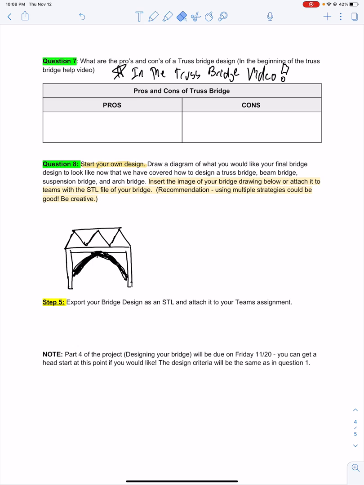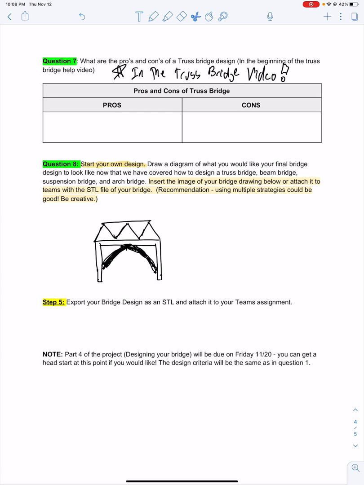Okay, so my overall design is going to be, at least preliminarily, this is what I'm thinking, a truss bridge with an arch. Okay, all right, and that's all you have to do for this portion of the project.